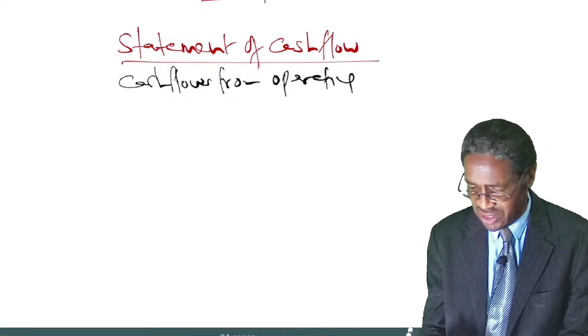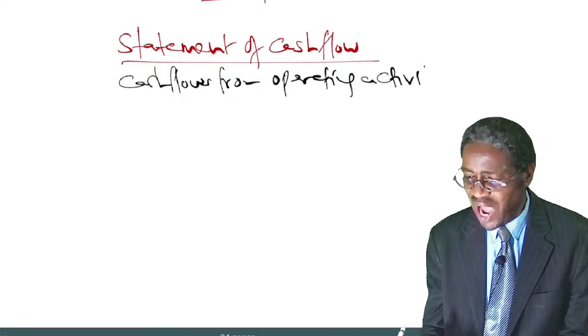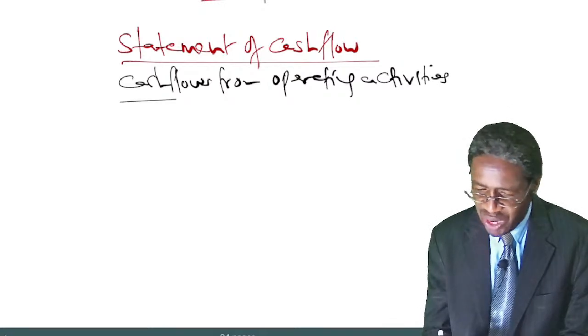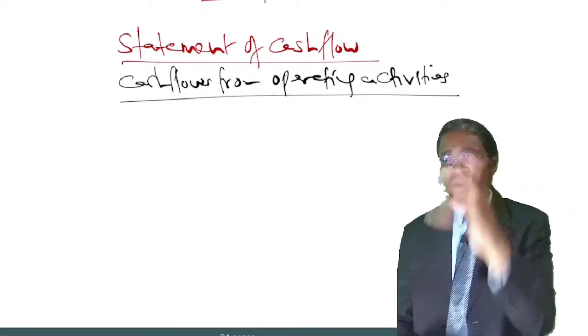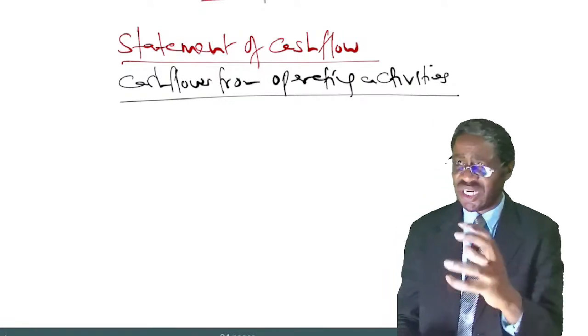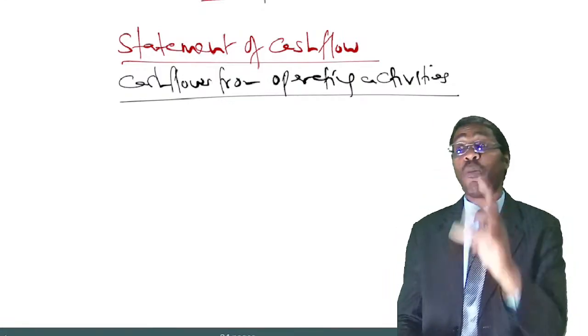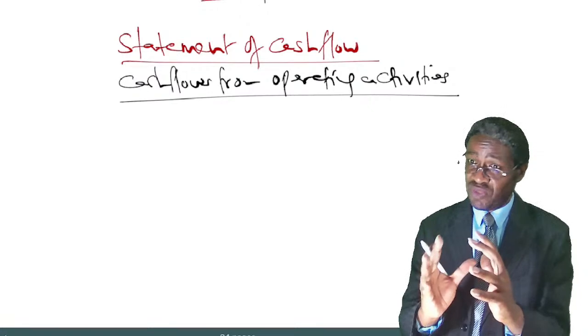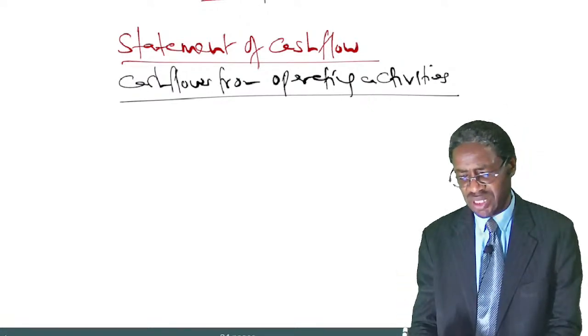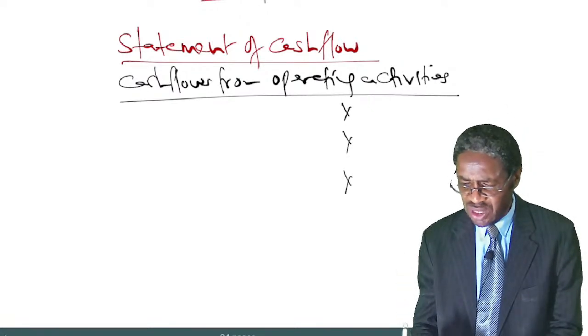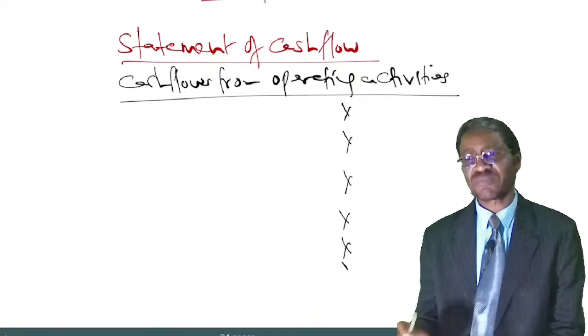operating activities. You had to identify all the cash flows that your company generated from all the operating activities. We shall look at them in details later, but let me assume that you have identified them.